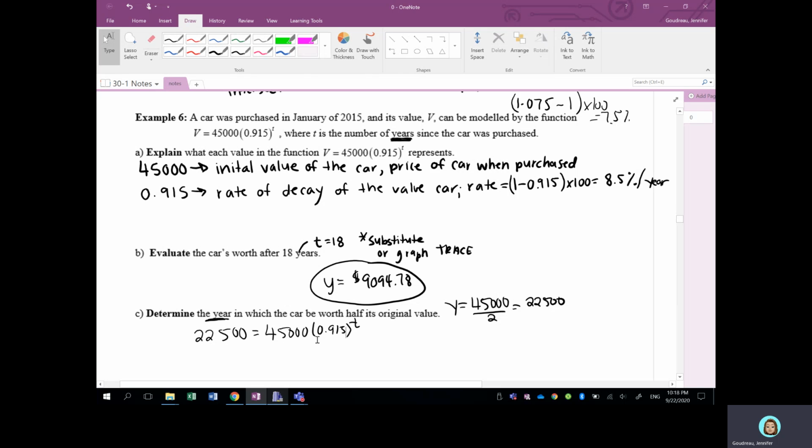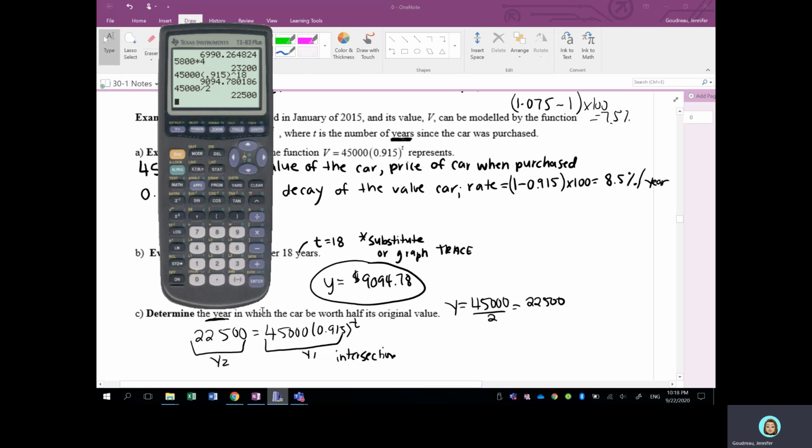I already have this function typed into y1. So I'm going to put this y value into y2, and we are going to find the intersection point. We are only interested in the x value of that intersection point. So into y equals, the function's already there. I'm just going to put the 22,500 into y2.